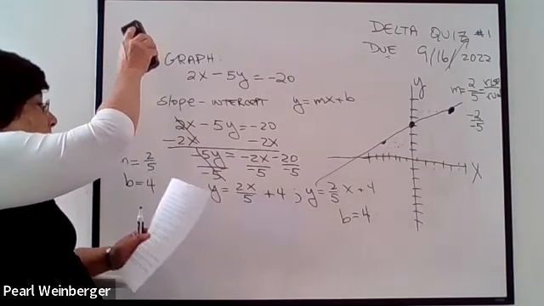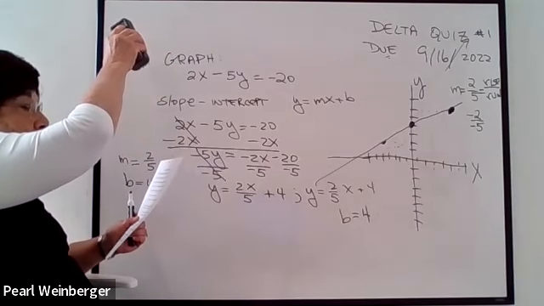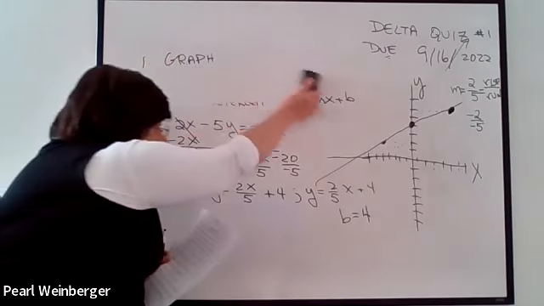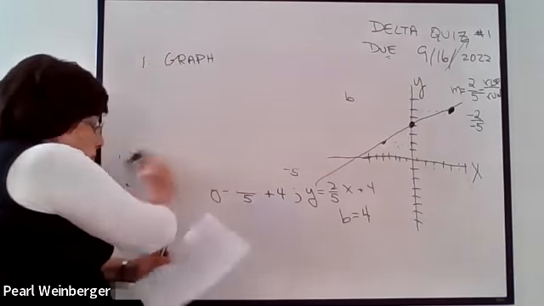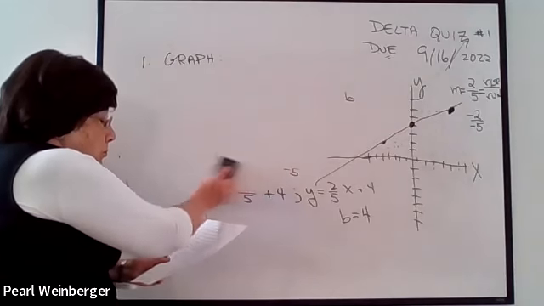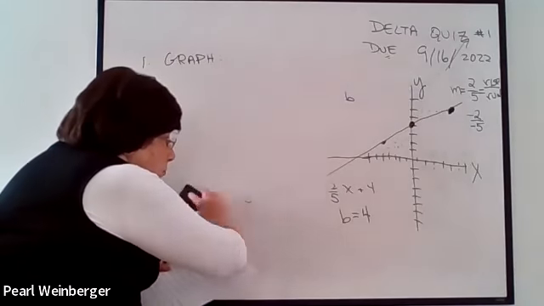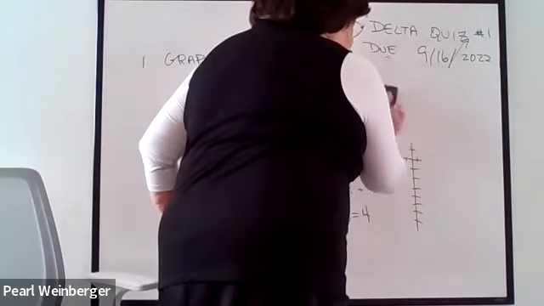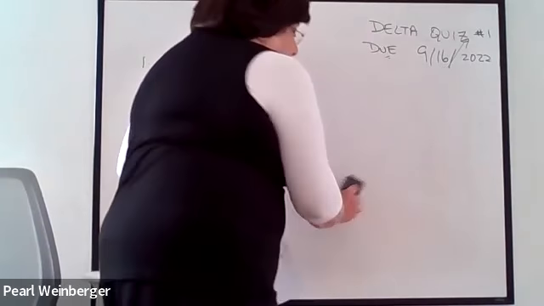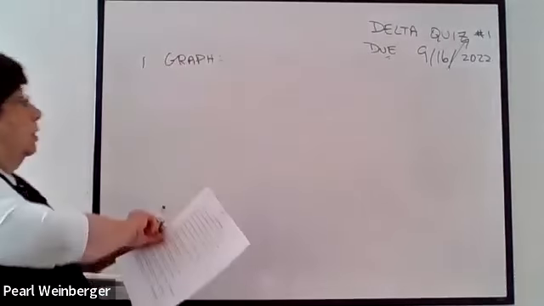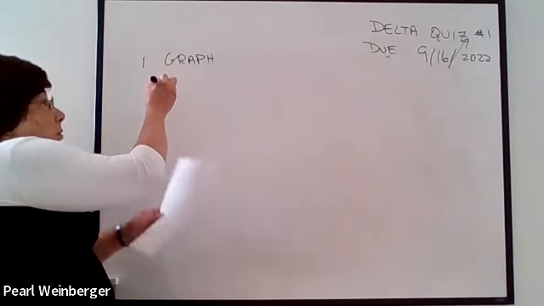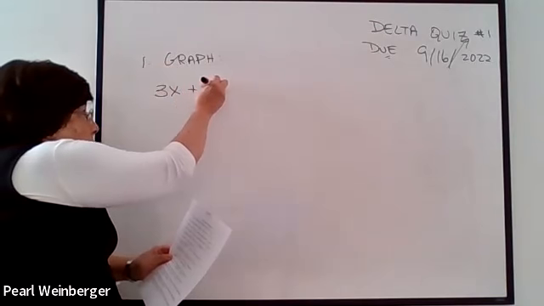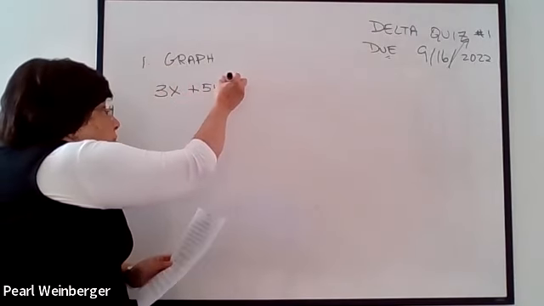Okay, so let's say I give you this example. 3x plus 5y equals 15.